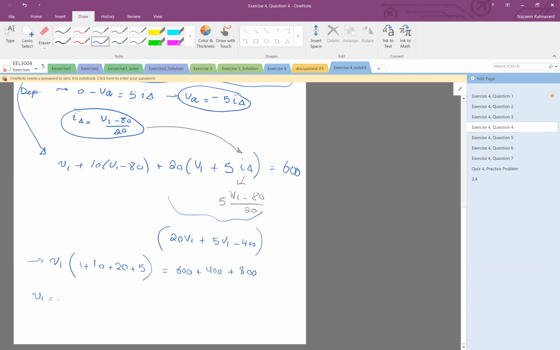So V1 becomes 1,800 divided by 36. So let me calculate it. 1,800 divided by 36 is 50.